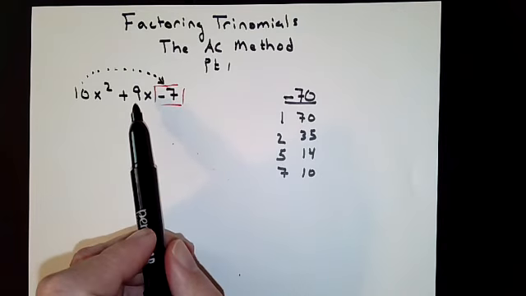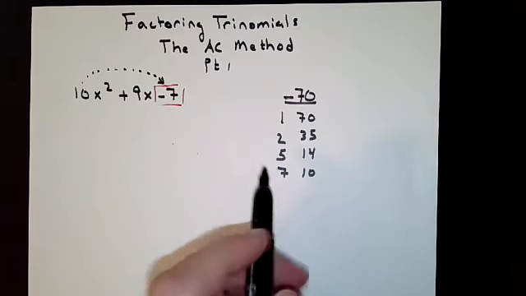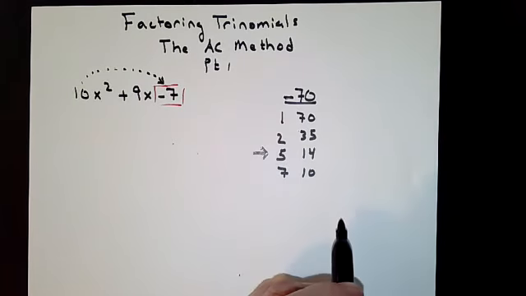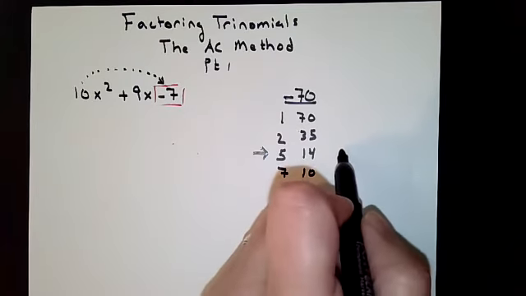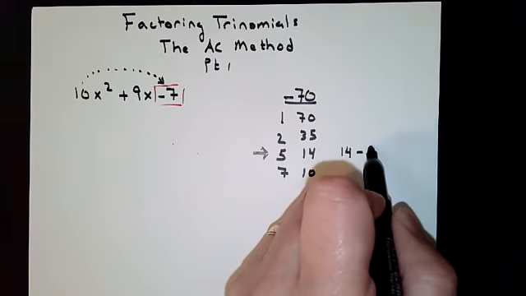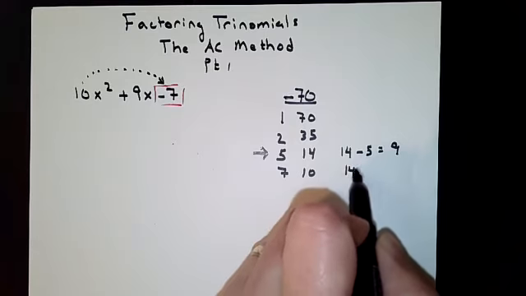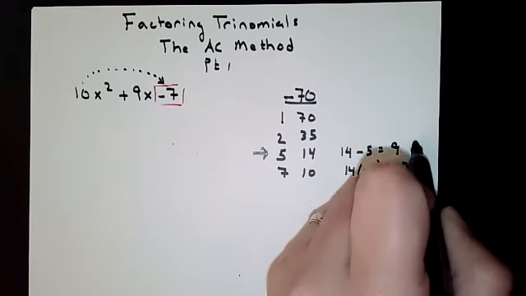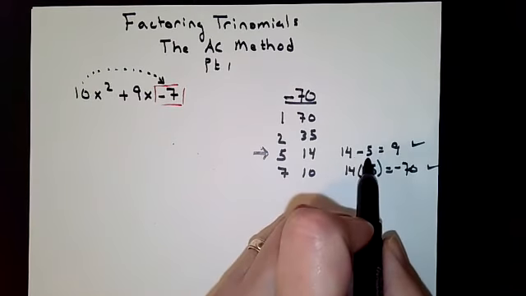That's not +9. That's not going to work. But if we scan down this list, we'll get to this third pair right here. And if one of them is positive and the other is negative, then 14 minus 5 is +9, and 14 times -5 is -70. So this works. So we want to use 14 and -5.